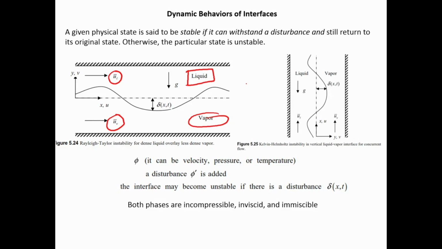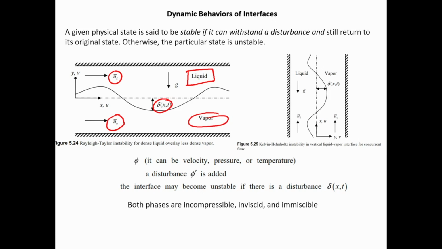Let us not talk about evaporation and all those things for the time being. Let us keep this problem very simple. A physical state of this interface is said to be stable if it can withstand a disturbance and return to its original state. So if this is the interface and I give it a spanking, that means I perturb the interface and create this perturbation, which is delta.